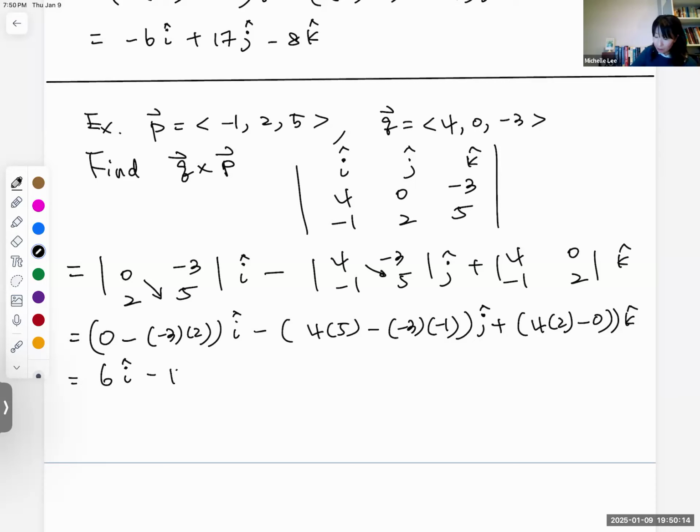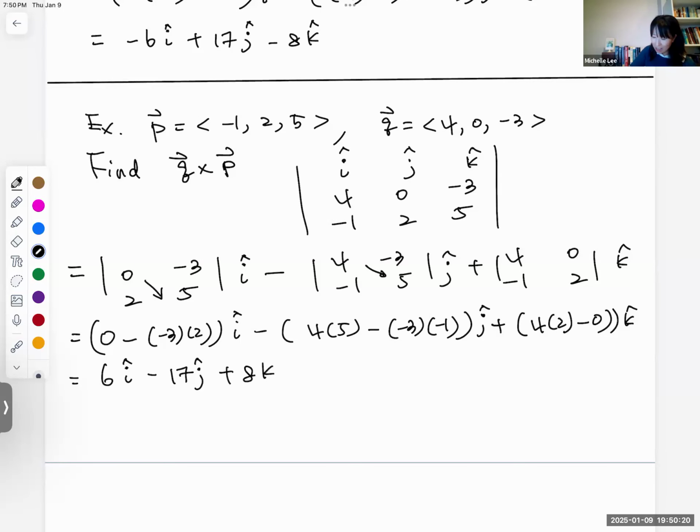So negative 17J, right? And then positive 8K. Okay. Now, what can we tell?